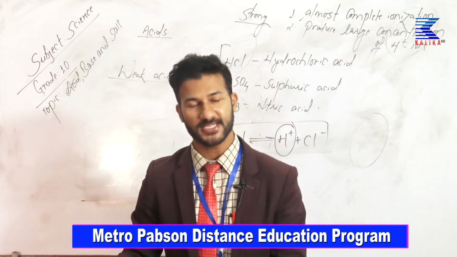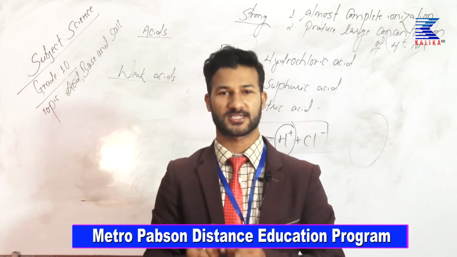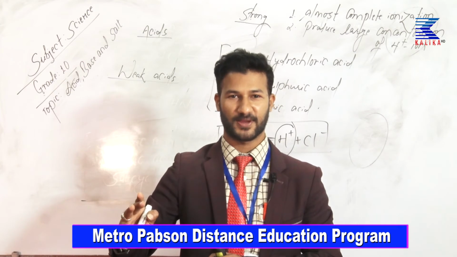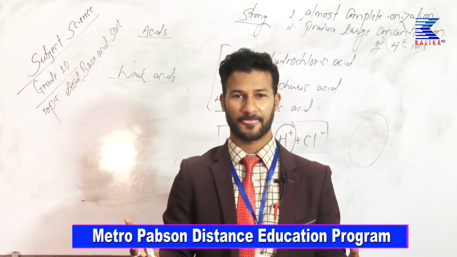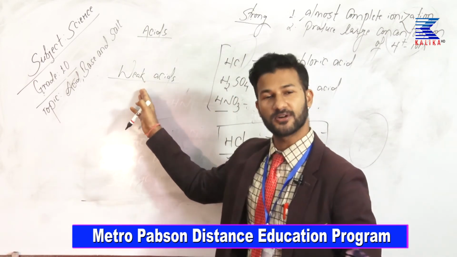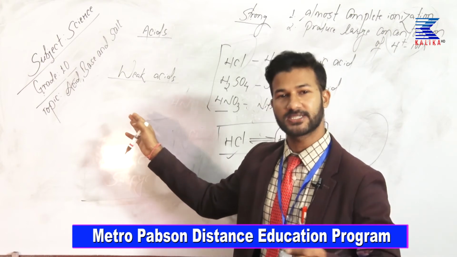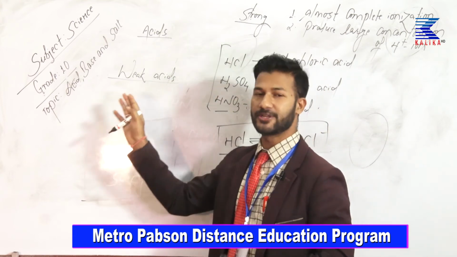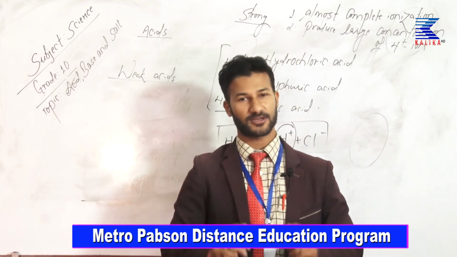Because they produce less concentration of hydrogen ion, they are poor conductors of electricity. So carrying out electrons is quite difficult there because ions are less. So weak acids are those acids which undergo very less ionization or partial ionization in aqueous solution and produce low concentration of hydrogen ion. They are called weak acids.